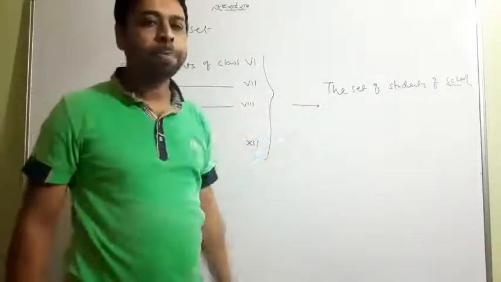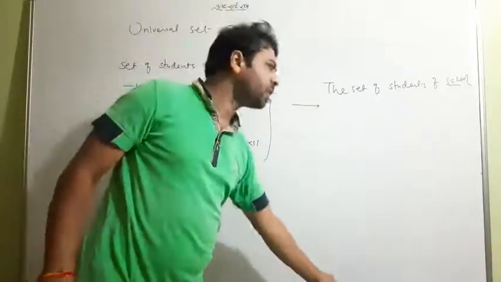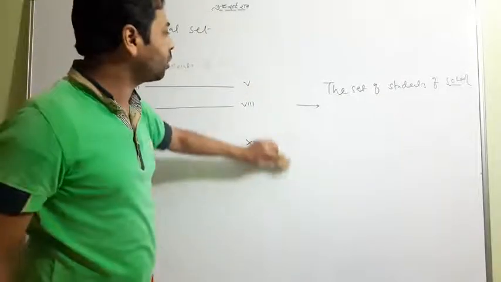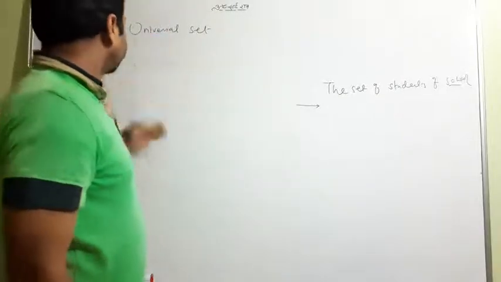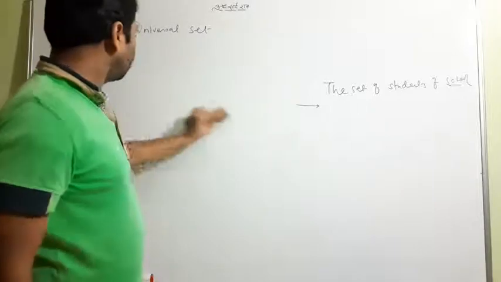This is called a universal set. There may be lots of examples like that. It is simple, I have given one here. You can also create your own.